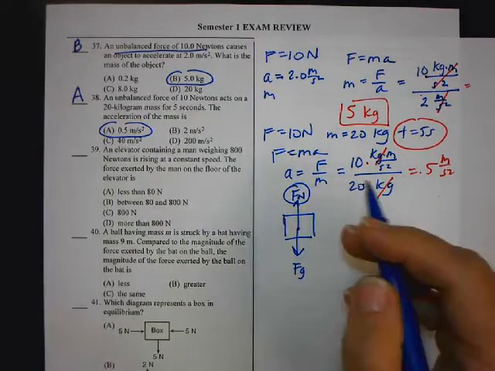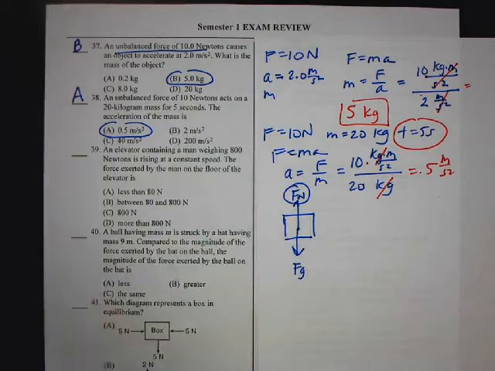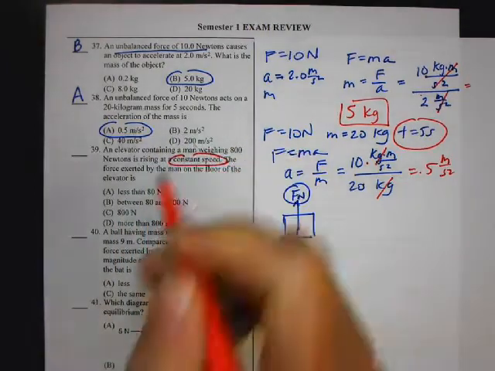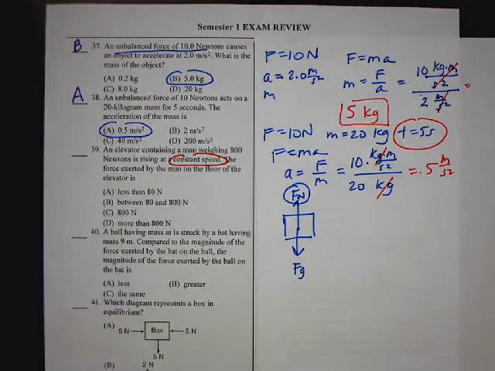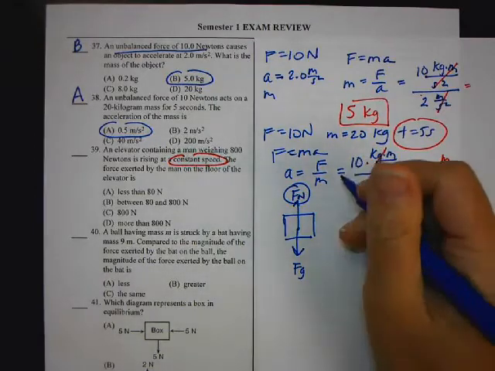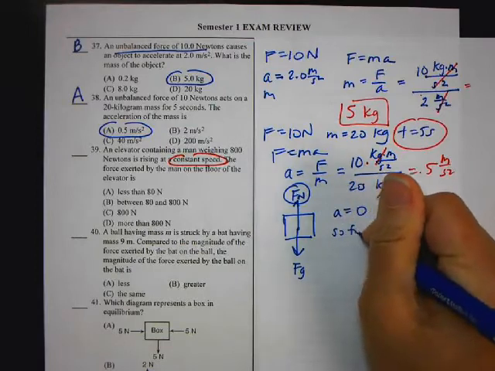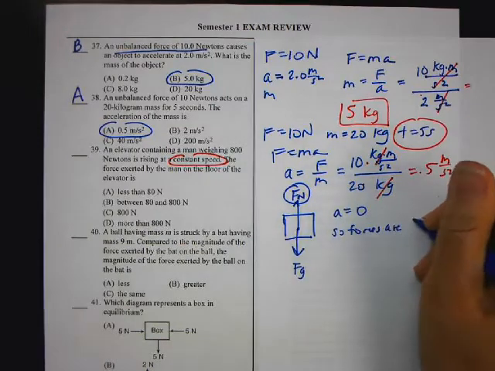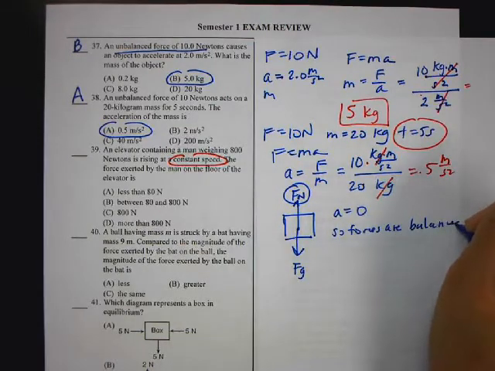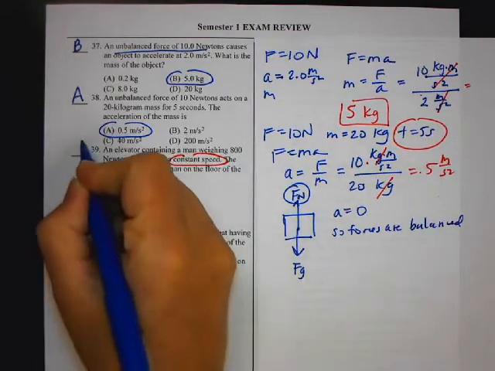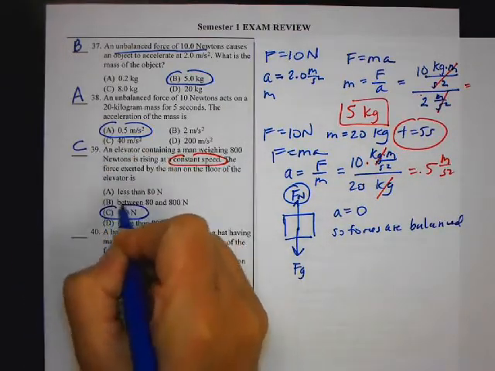Well, the key here is constant speed. If you remember when we did our elevator lab, if it's moving at a constant speed, that means the acceleration is 0, so the forces are balanced. Which means it's just going to be 800 newtons.